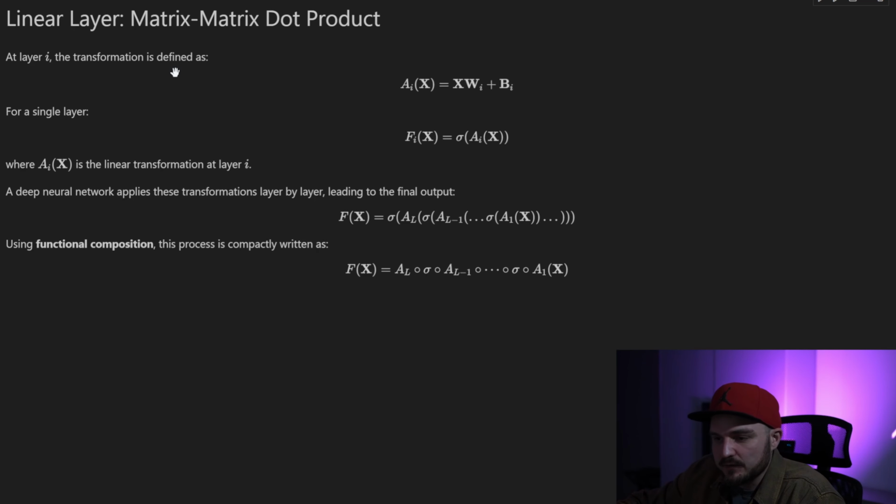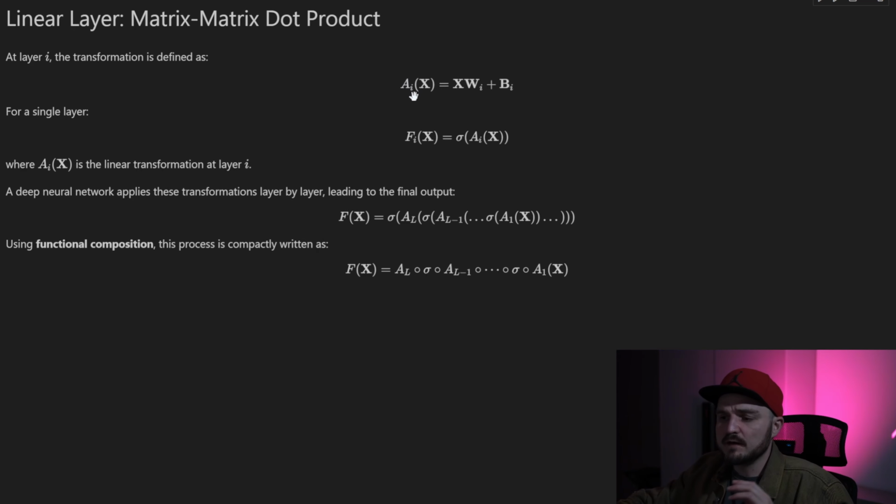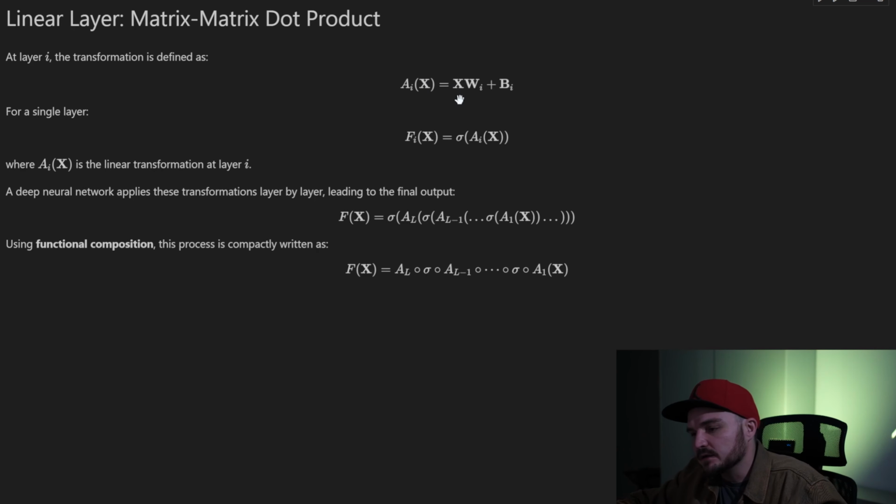At layer i, the transformation is defined as you can see on the screen. We can define it as the operation a_i(x), where we make a dot product between the input x and the weights matrix W_i, plus the bias term at this layer, b_i.